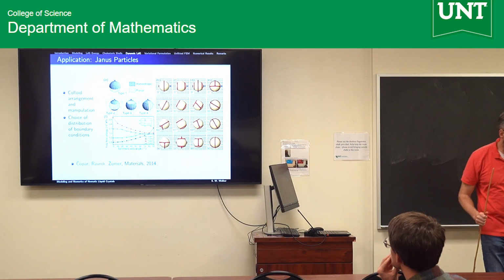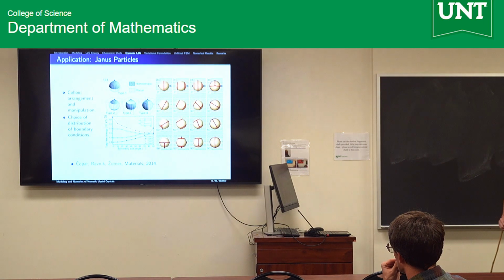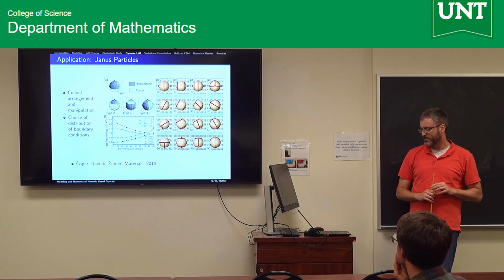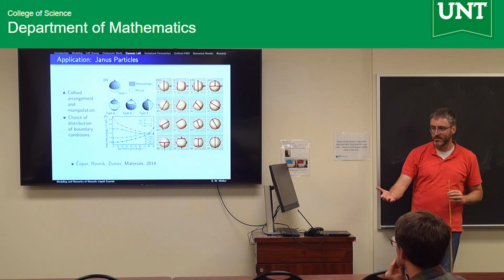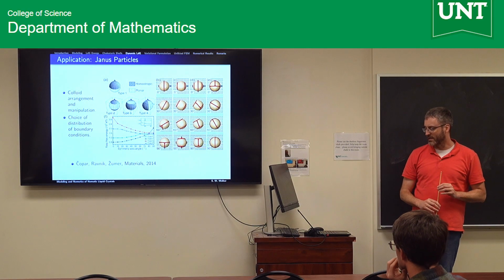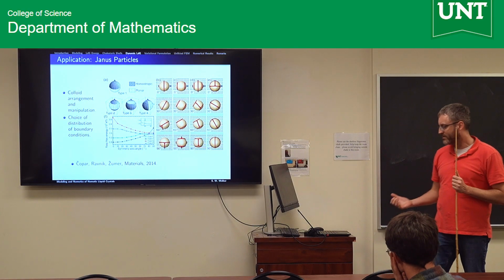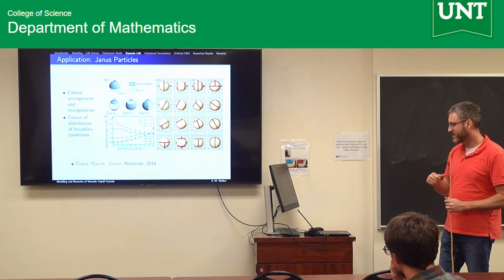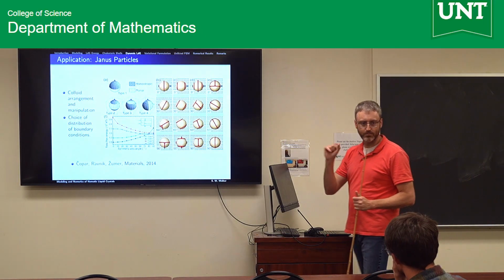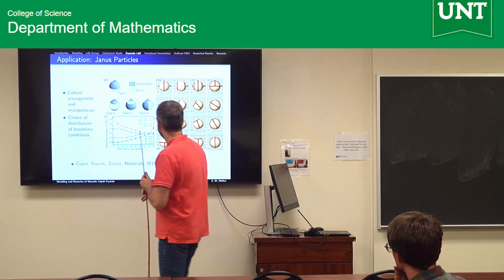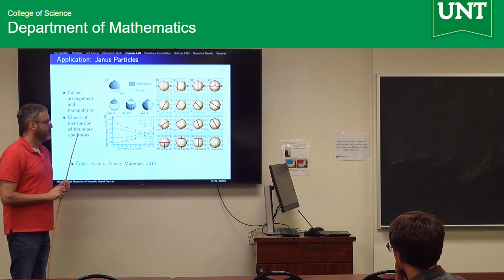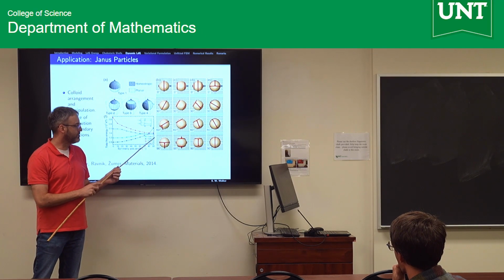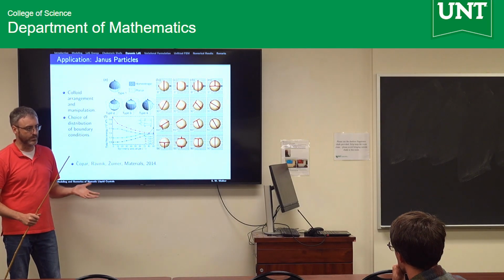All right, for the next part of the talk, one thing that people have been looking into for liquid crystals is to manipulate them by putting in colloids. Colloids are just solid objects immersed into the liquid crystal. What's convenient about this is that you can impose different boundary conditions on the colloid.